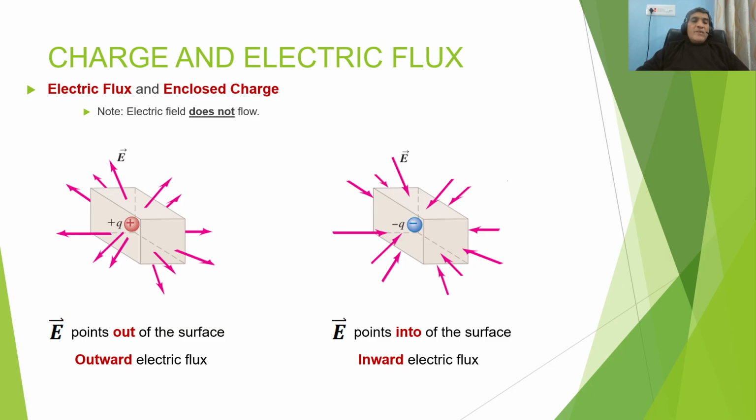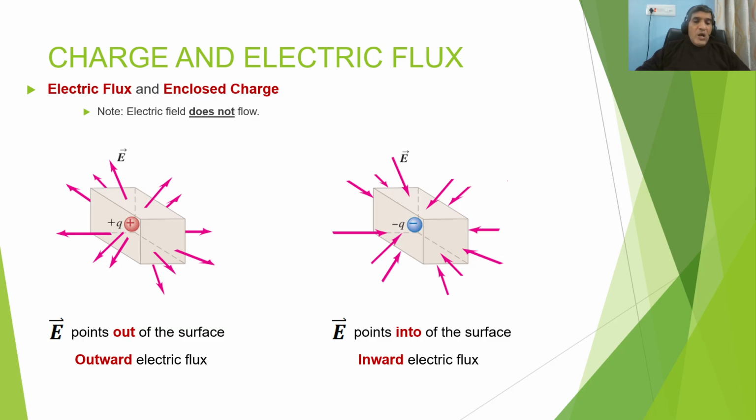As you all know, electric field direction moves away from a plus charge and towards the charge if it is negative. So in the second picture this red arrow comes towards the negative charge.